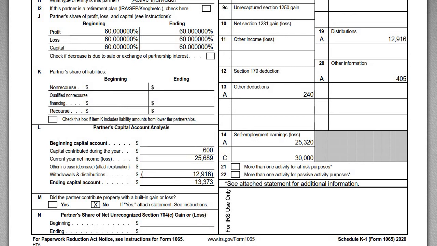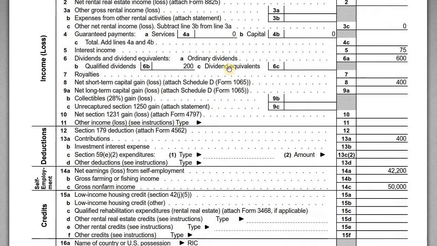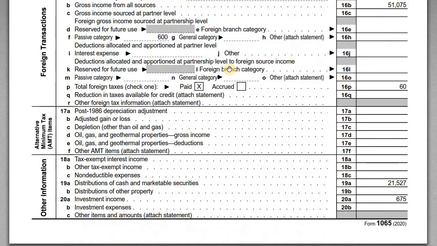But it's not reported on this Schedule K, on the distributive share items. Not really sure why that is, but this is just the way they developed the form. So that is the amount of total distributions out to partners. And again, that number comprises all of the cash distributed to partners. And so each partner's K-1 is only going to show the amount of cash that was actually sent to them.